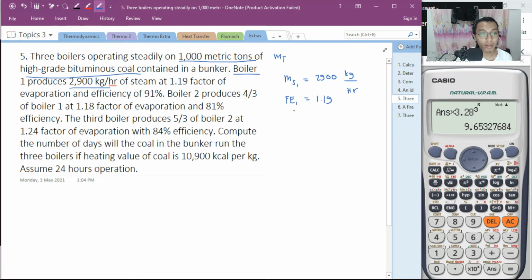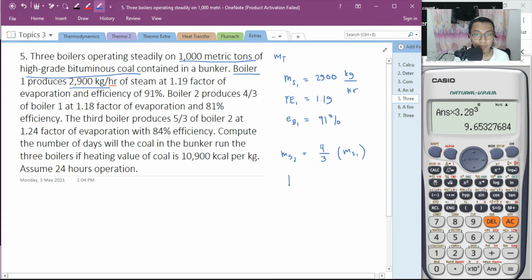And efficiency nung boiler na yun, efficiency of the boiler is 91%. Boiler 2 produces 4/3 of boiler 1 at 1.18. Ano yung ibig sabihin mo dun? Yung mass of steam mo daw dito, that is 4/3 nung mass ni M1, mass of steam ni 1.